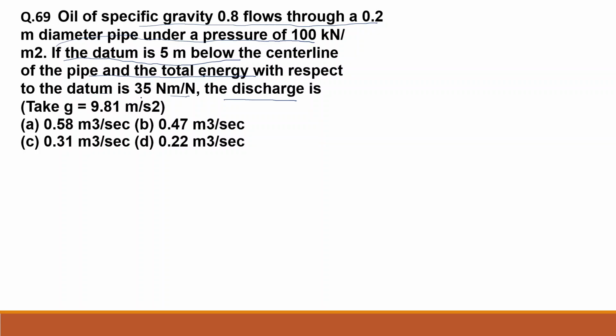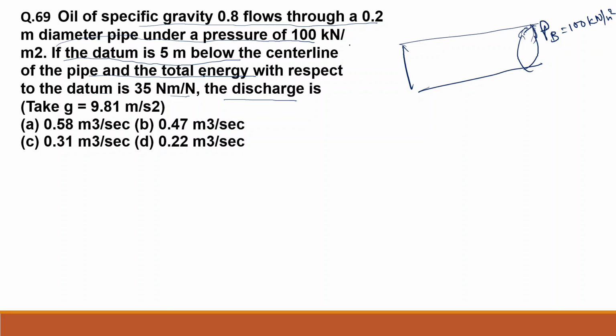First I will draw the oil datum. This one is datum, and the PB is equal to 100 kilonewton per meter square.